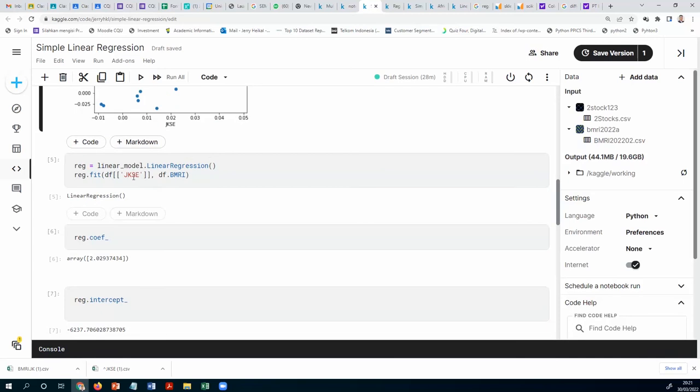Because this is X, this is Y. And then let's do it. Okay, linear regression is there.